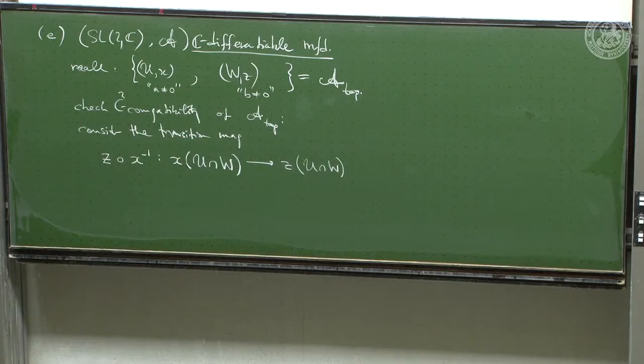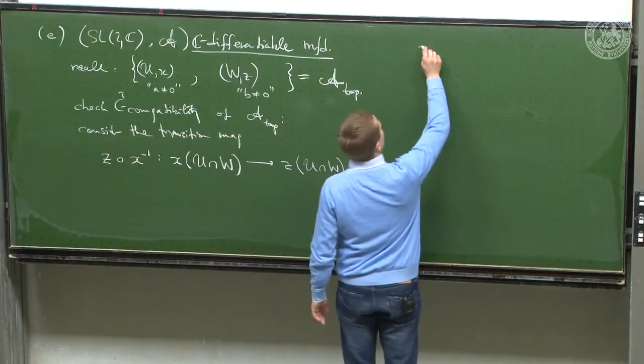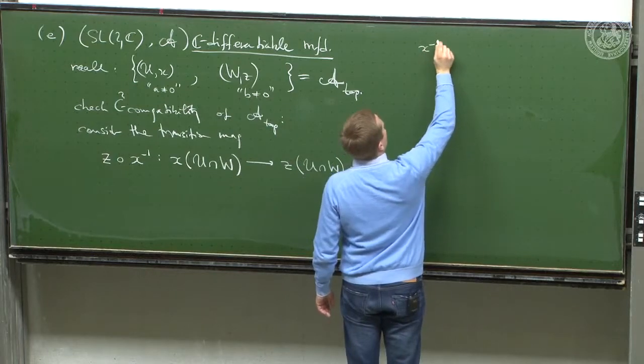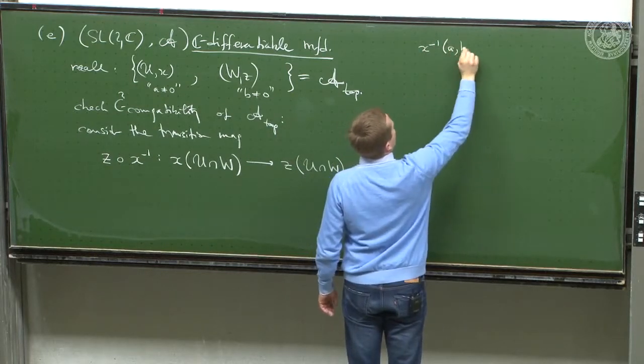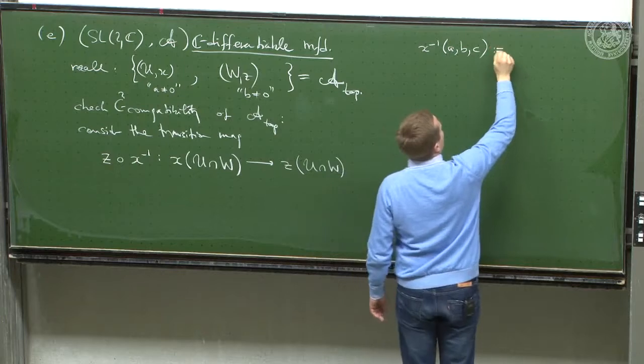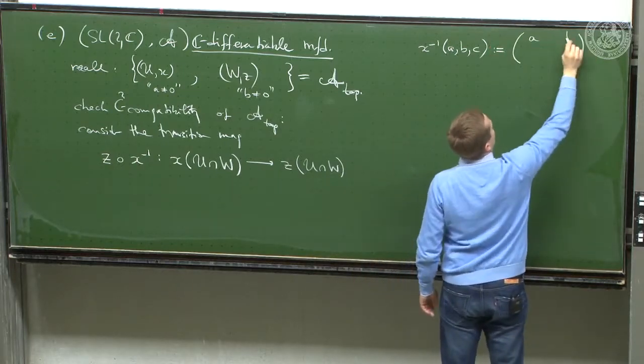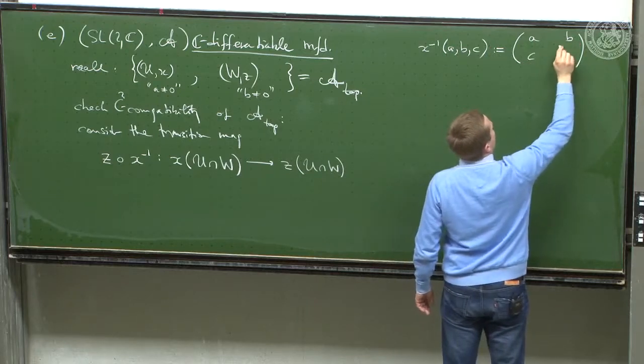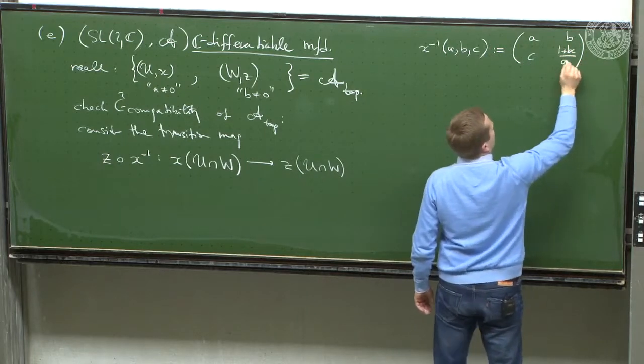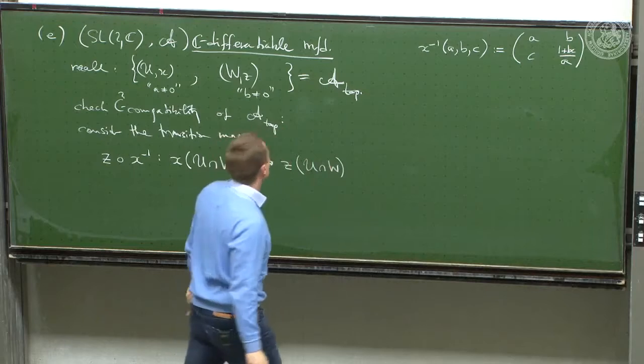And now we need to construct this. I'm sorry, I need to write down again what the X inverse was. The X inverse took A, B, C and reconstructed from it the point, which was A, B, C, 1 plus BC by A. Was that right? That's what we wrote down, okay.